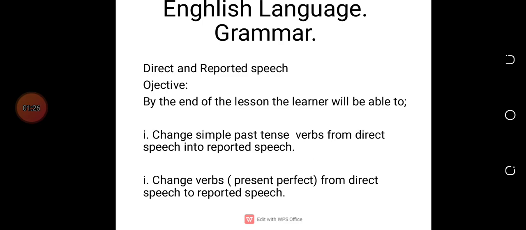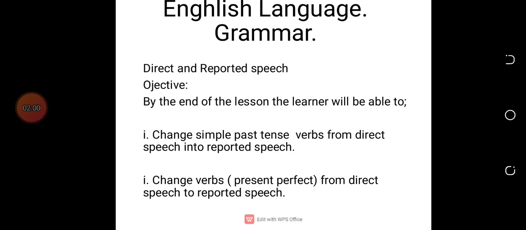So for verbs in the present tense, we said last week that when changing into a reported speech, we change the verb to the past tense. And we looked at some examples and also had questions to assess ourselves. And I believe that was very simple.